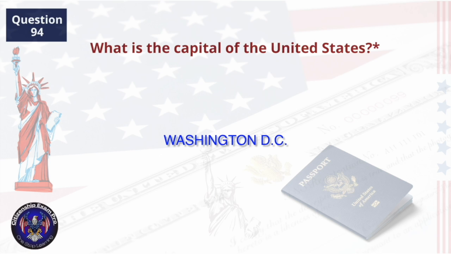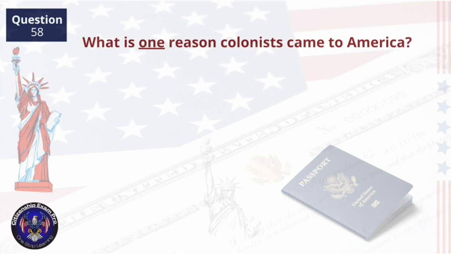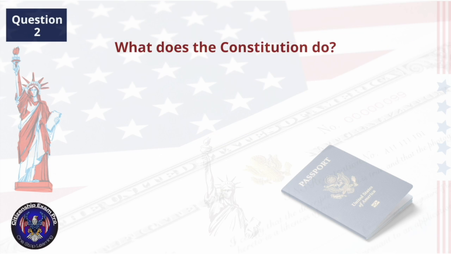Washington, D.C. What is one reason colonists came to America? Freedom. What does the Constitution do? Sets up the government.